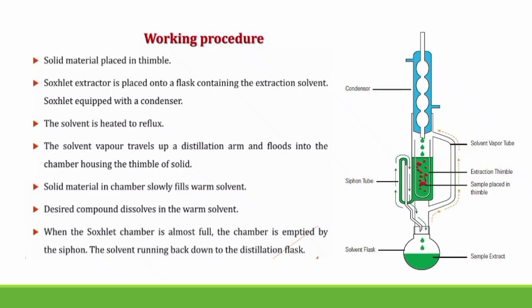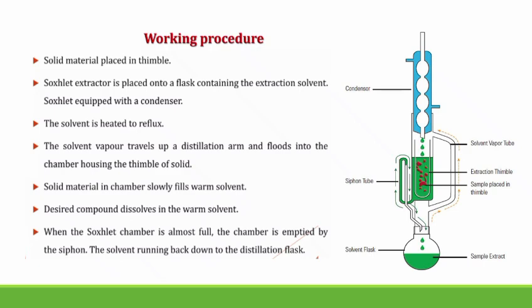Once the drug gets truly soaked or macerated, the siphon tube will collect the extract. Once it reaches that bend, the extract will be collected in the solvent flask. And again this procedure is repeated until our crude drugs get completely extracted.